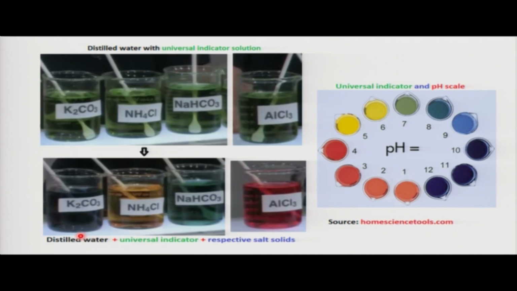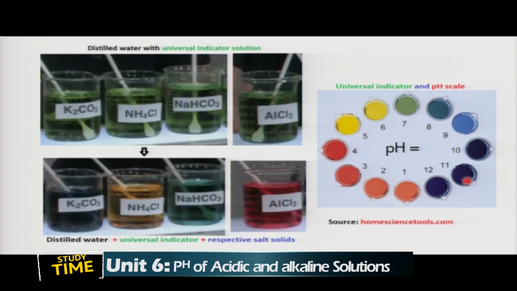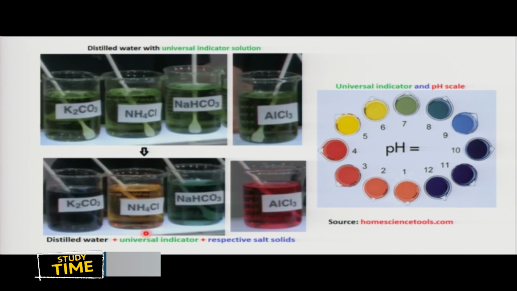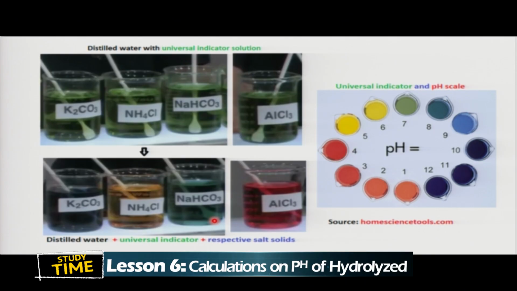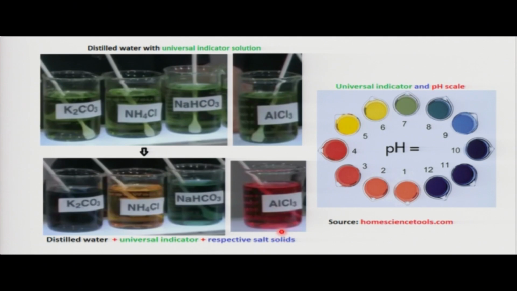For instance, potassium carbonate is strongly basic with a pH of around 12. Then ammonium chloride is weakly acidic with a pH of 5. Sodium hydrogen carbonate is weakly alkaline with a pH of around 8 or 9, and aluminum chloride is strongly acidic with a pH of around 4 or 3.